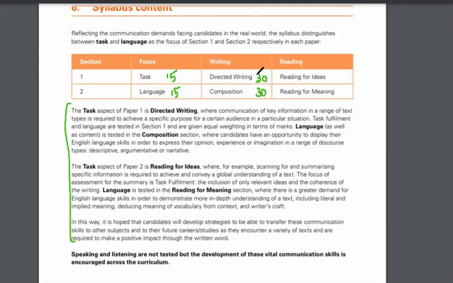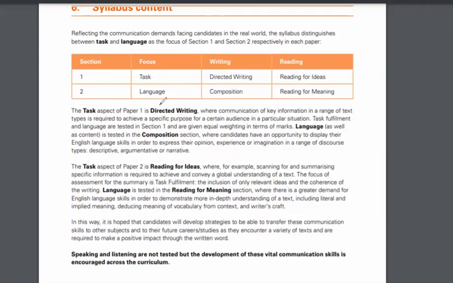These 30 marks are further divided as 15 marks for task completion and 15 marks for the language that you have used: the use of grammatical structure, the use of different kinds of sentences, and the use of vocabulary are all assessed here. Whether you have written according to the question is assessed over here.